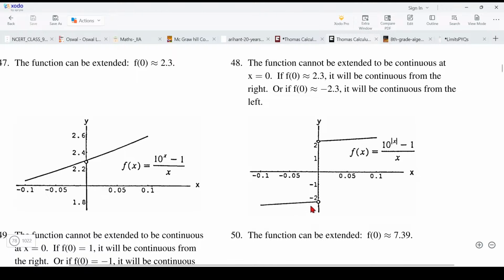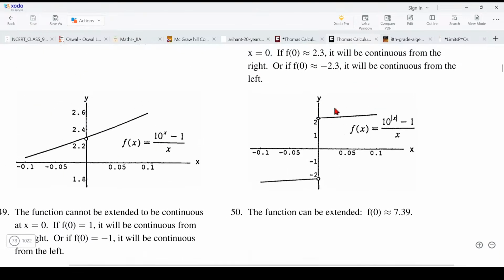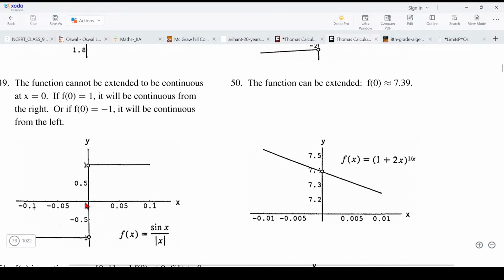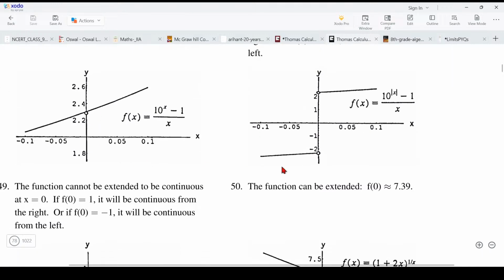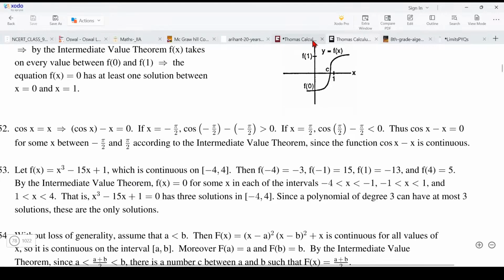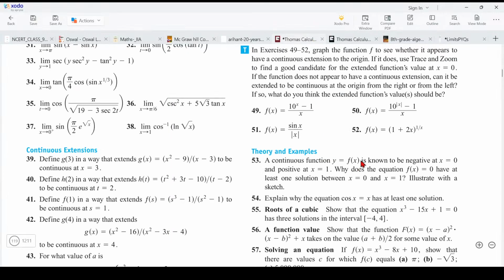If we define it as minus 2.3, then it will be continuous from the left. But the function cannot be extended. You understood the difference between this kind of function and this. Here you cannot extend the continuity; in this case, you can extend. This is an important topic.